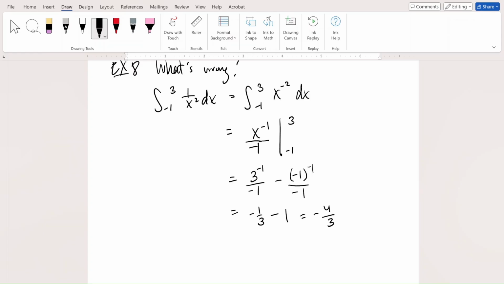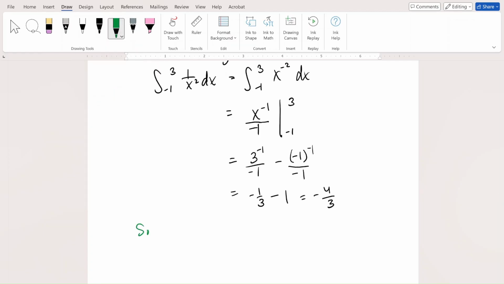So what's wrong with this? Well, if you think about it, what should I have recognized first? If I'm thinking about this visually, why is my answer negative? When you know that 1 over x squared, if I think about the function, is always going to be greater than or equal to 0.